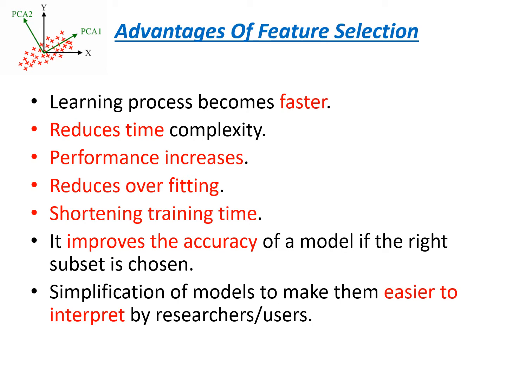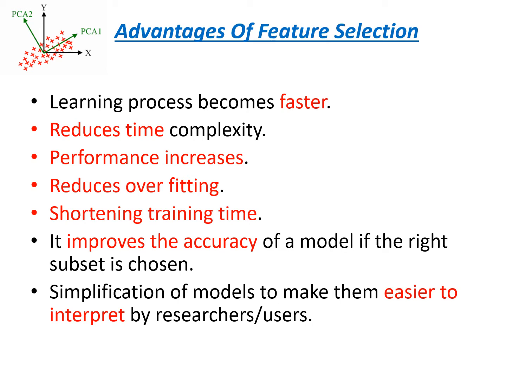So in feature selection, what is actually happening is from the original dataset we are trying to extract a subset of the features, and for model construction we are only considering this subset of features, so that the learning process will become faster since the size of the features reduces.